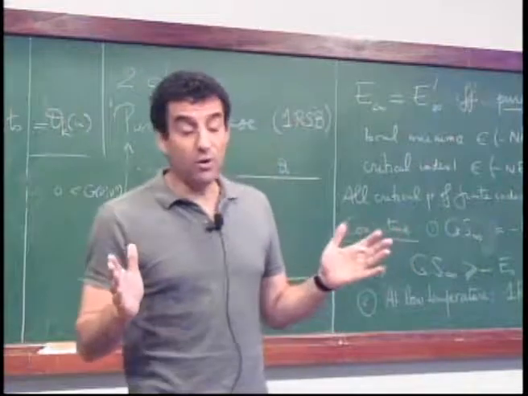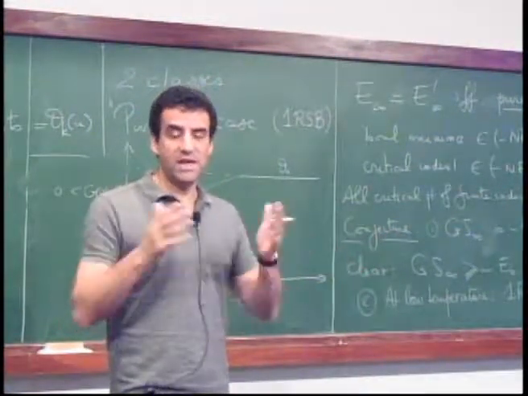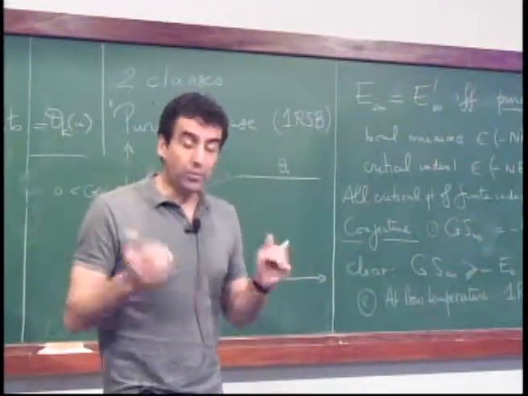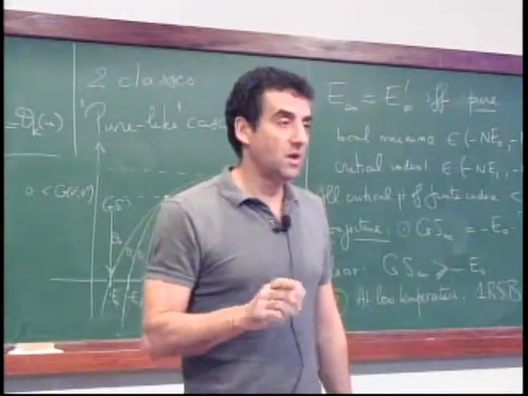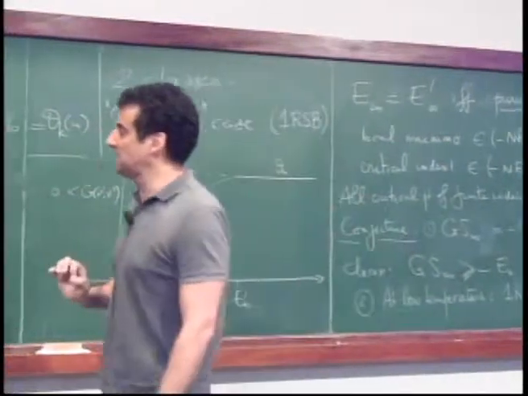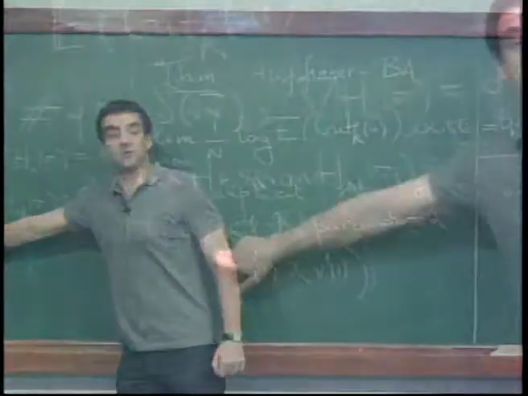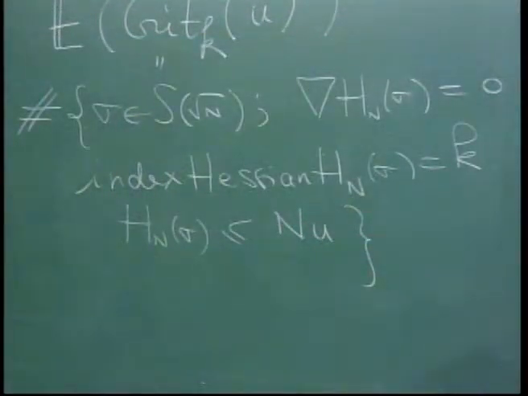It does not imply at all that it's the GOE. You have plenty of other models. But what we prove here is that in fact it has the distribution of the Gaussian orthogonal ensemble, shifted by a constant which depends on the value of the energy itself. So essentially that's the link.